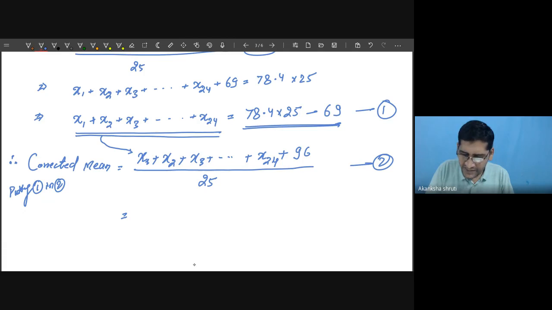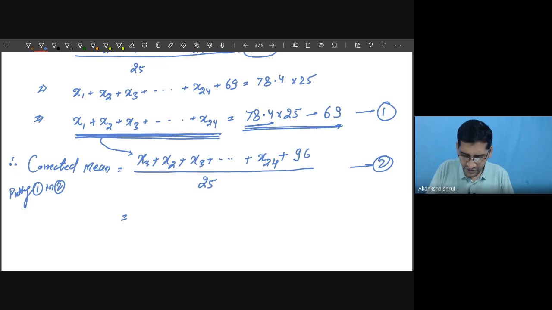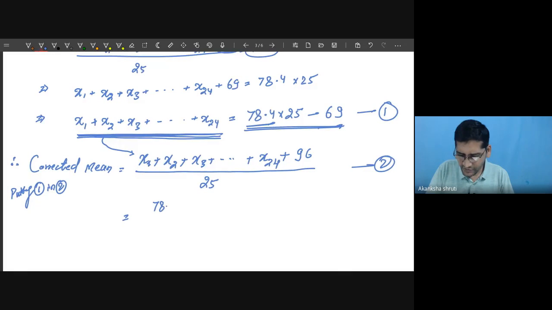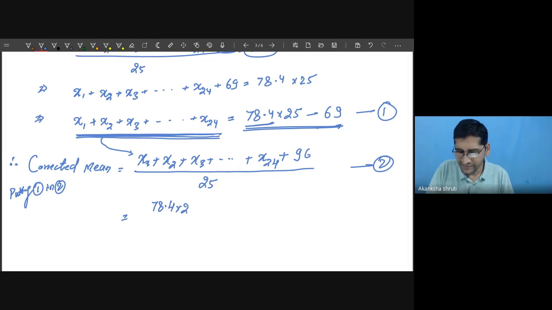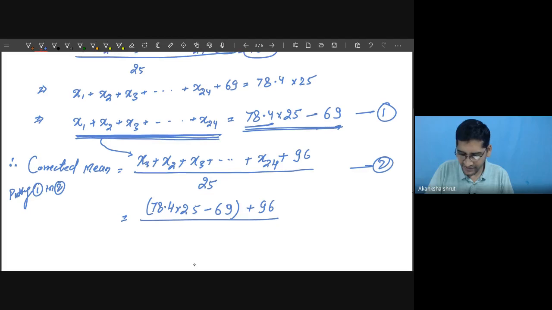So in place of x1 plus x2 plus up to x24, I am going to substitute this one that we have calculated from the wrong one. This x1 plus x2 plus x24 is the correct value because the wrong one is subtracted on this side, with which the wrong mean was taken. So substitute it. It becomes 78.4 into 25 minus 69, and the last one is 96, divided by 25.